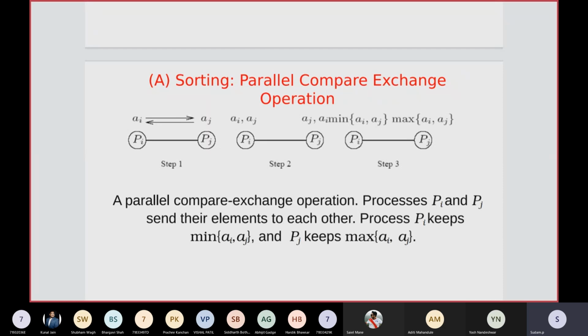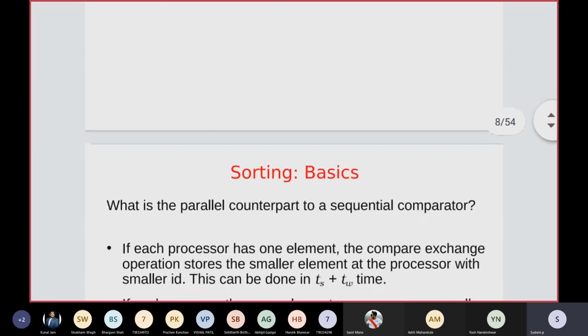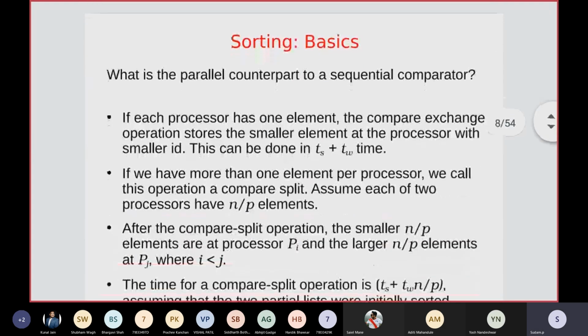also you have to perform the same operations, but the lists from both processors will be merged, and locally they will perform the sorting operation. Both processors will sort those elements in either ascending or descending order as per your requirement, and finally they will exchange the sorted elements so that Pi will keep the half part which is less than the half part maintained by the other processor, Pj. The same is discussed here.